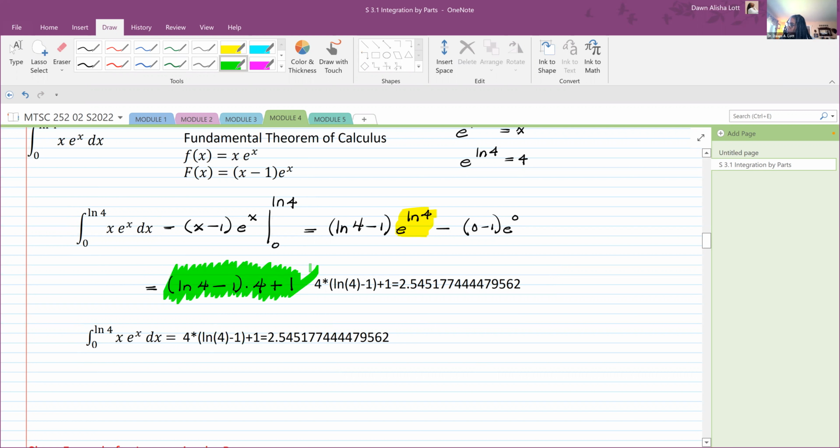On the test, you won't have a calculator, so your answer would be 4 times the natural log of 4 minus 1 plus 1. And it's not a difficult answer either. You just leave it like that and you move on.